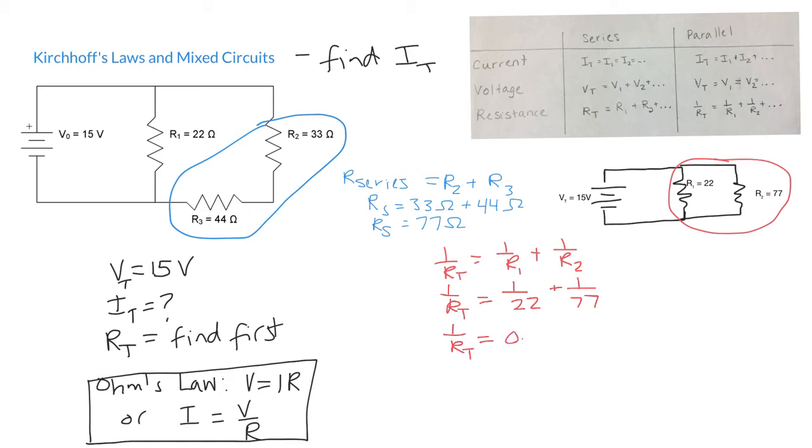I like to keep lots of extra decimals here. And for the second one, I get 0.012987. When I add those together, I get 1 over RT is equal to 0.05844.